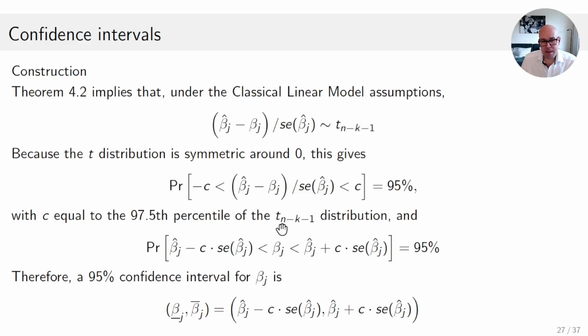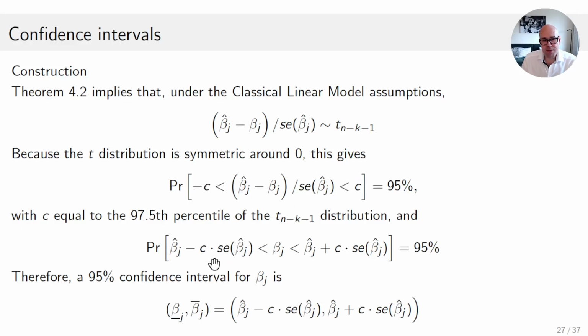Now I have the degrees of freedom. I know it's a t-distribution, and I know that this is 95%. So what I need to do is look up the 97.5th percentile of that t-distribution. Okay, so that's going to be my c, and then here I have a statement with two inequalities.